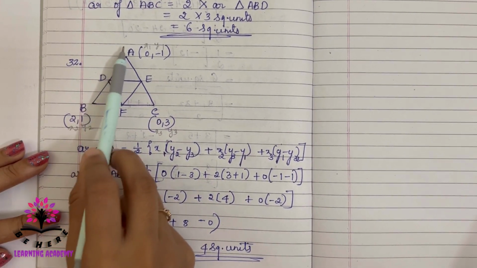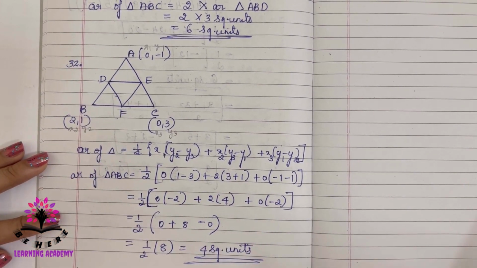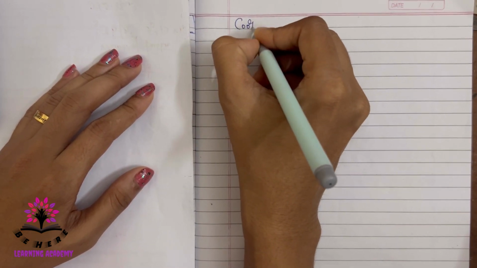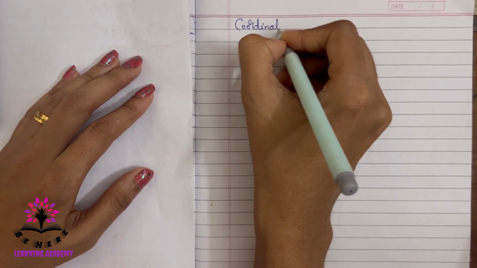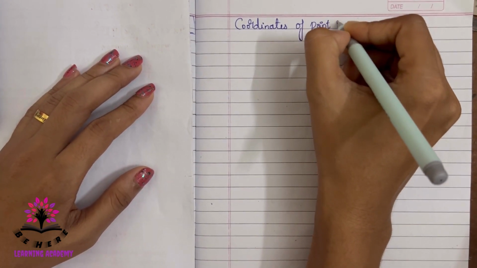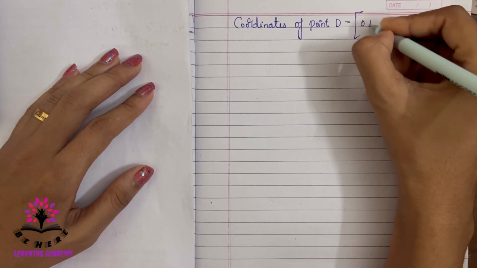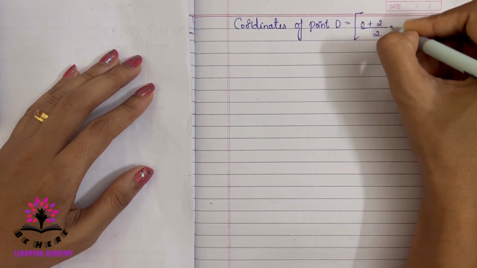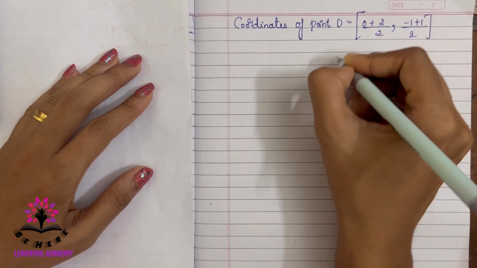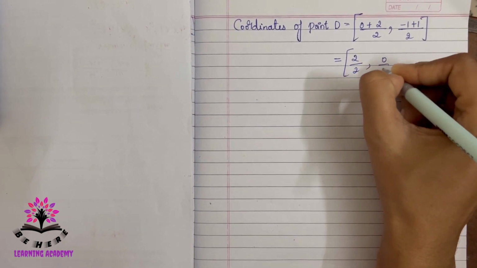So let us find out the midpoints, the vertices D, E, F. So the coordinates of point D will be equal to, applying the midpoint formula, (0 plus 2) divided by 2, comma (minus 1 plus 1) divided by 2. That is nothing but 2 by 2, comma 0 by 2.